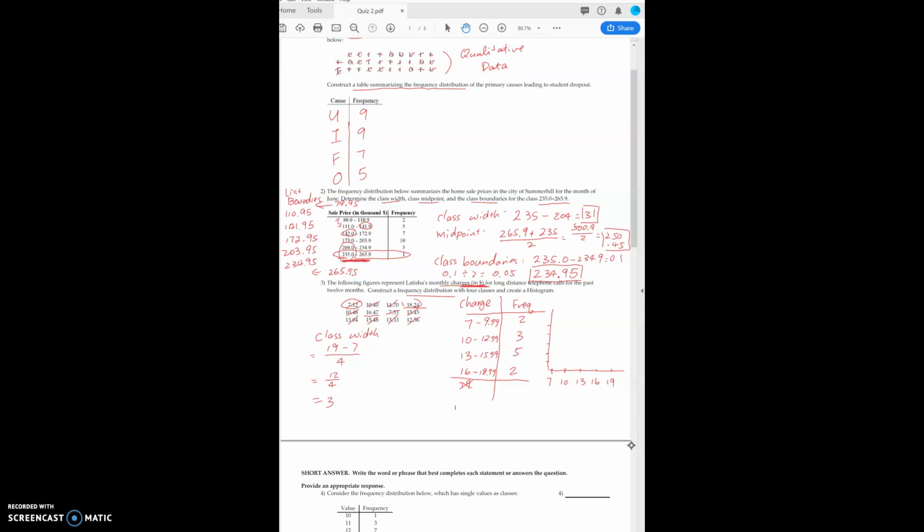I'm just eyeballing them. 7 to 10, I have 2. 10 to 13, I have 3. 13 to 16, I have 5. And 16 to 19, I have 2. Okay, so that's the frequency distribution. This is the monthly charge, and that's the frequency.